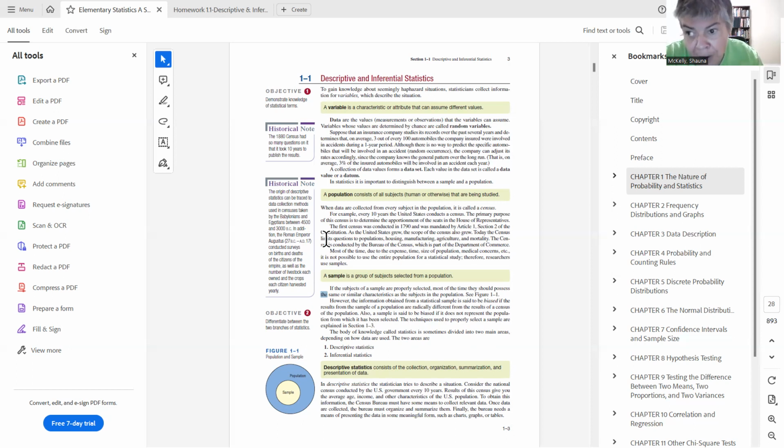And so when I draw a sample from the population, I want my sample to be reflective. We call it representative. We want our sample to be a representative sample of the population. The better my sample represents the population, the more accurate my conclusions can be.